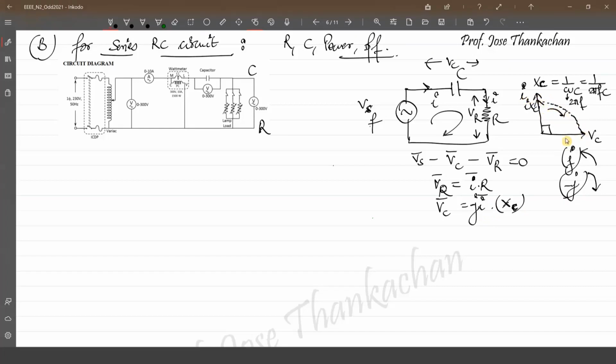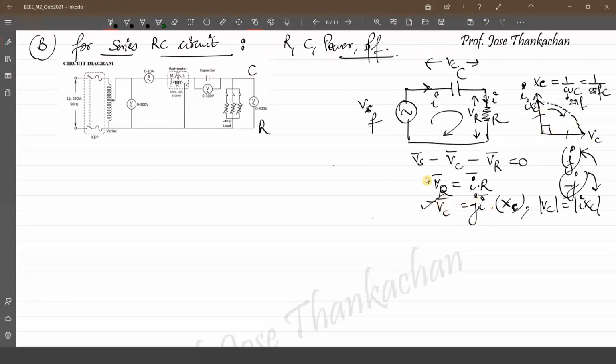This will remain the same. If I draw a circle like this, the VC magnitude will be the same as I into XC. But the phase angle difference between both of them is represented by this J operator. Multiplying I into XC by minus J will rotate it in the clockwise direction by 90 degrees, and we'll get VC. I hope that is clear. So this is how this becomes a complete representation of VC and I.